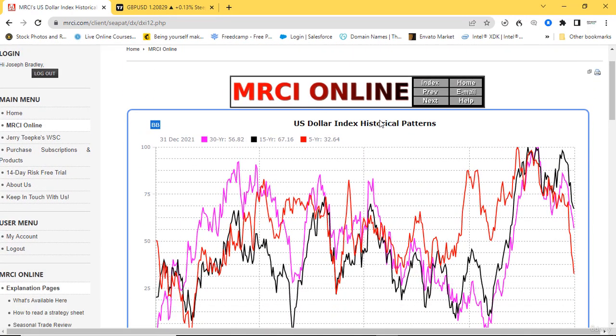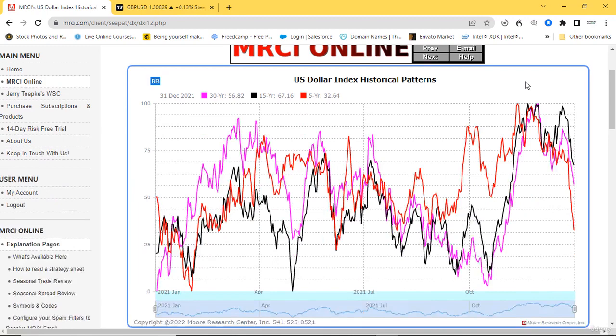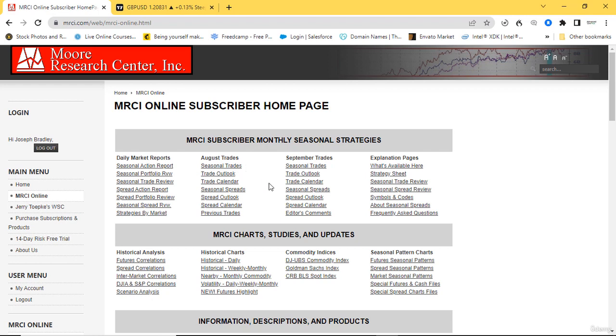You can pick different assets to look at. If you're trading futures, you can look at futures, like corn and soy and all that kind of stuff. But since we're doing Forex and currencies, that's what we're looking at. So you have the US dollar, and then we'll look at historical charts.